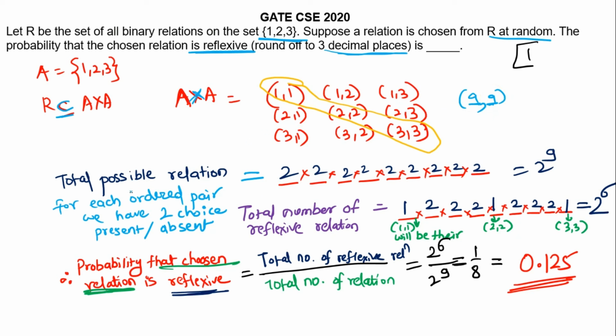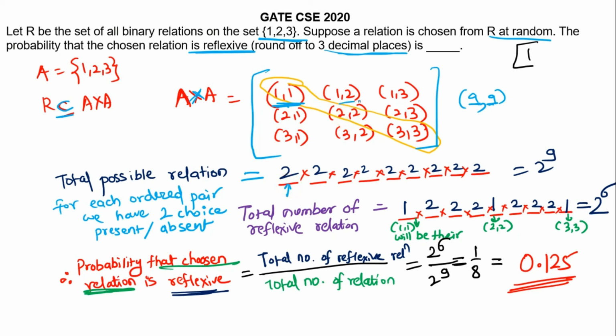So the total possible relations will be when each ordered pair has two choices, whether it is present or not present. As there are only 9 possible ordered pairs to keep, each can be present or not present, so it has two choices: present, not present.